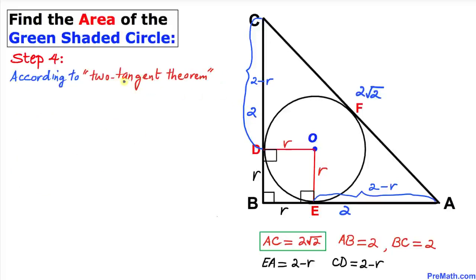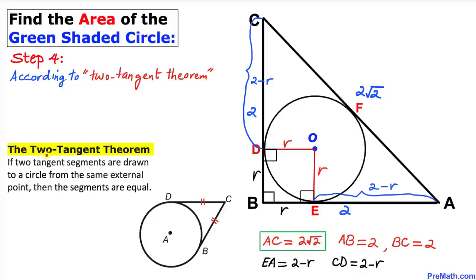And now in this next step, let's recall the two tangent theorem. And here's the two tangent theorem. If two tangent segments are drawn to a circle from the same external point, then the segments are equal in length, as you can see in this figure. So therefore, according to this theorem, this tangent line is going to be equal to this one. No wonder I put down CD equal to CF.